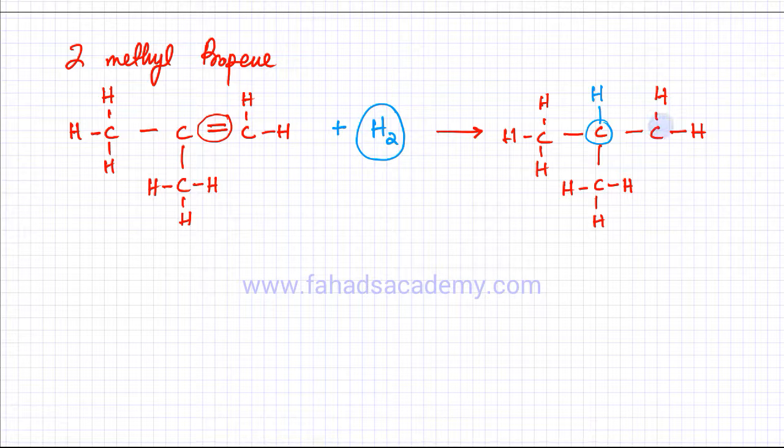Similarly, this carbon atom is not making 4 bonds, so 1 hydrogen atom has to be added over here. So you have 2 hydrogen atoms being added to a molecule, and again the same thing happens. An alkene, which is an unsaturated hydrocarbon, is converted to an alkane. So that's an example of this reaction, and we're going to do a few more examples later on.